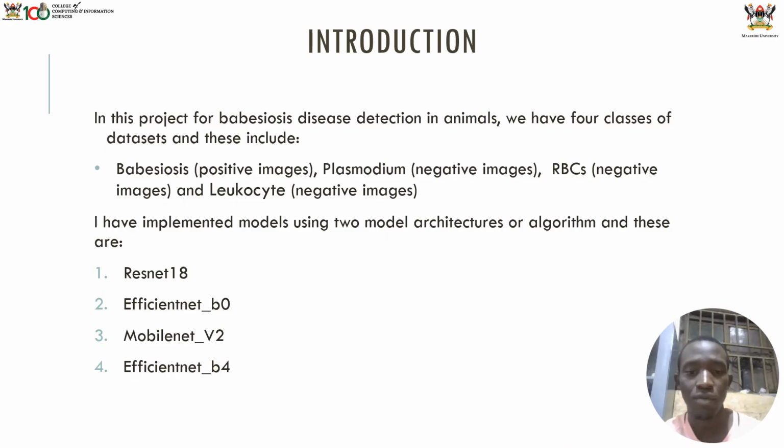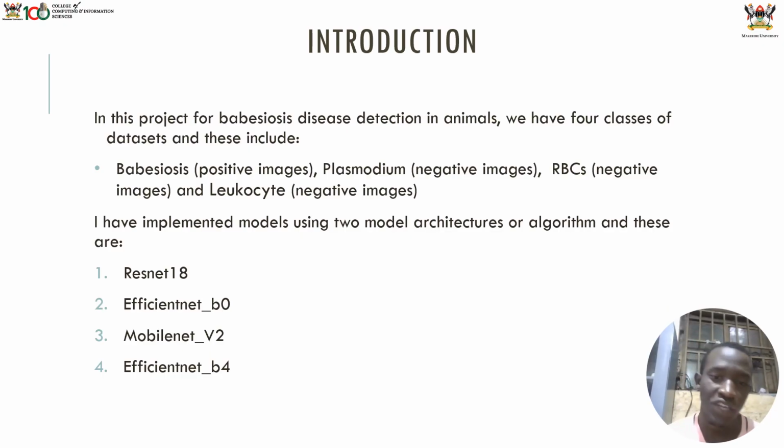They create confusion for some veterinary doctors, especially when they are trying to distinguish whether that is a plasmodium cell or babesiosis. Then you have the red blood cells, which are negative images. These consist of images which are healthy, which are free from babesiosis.